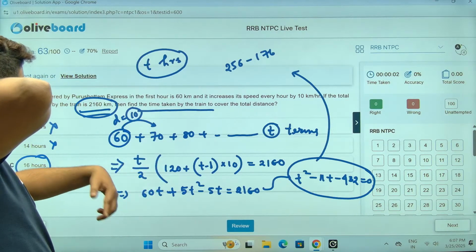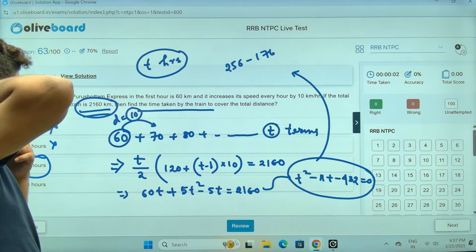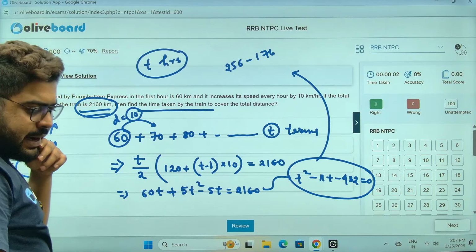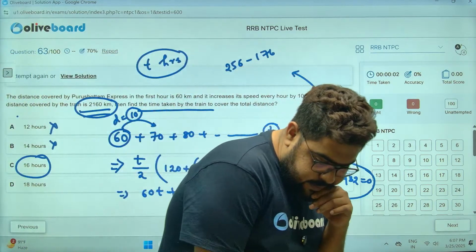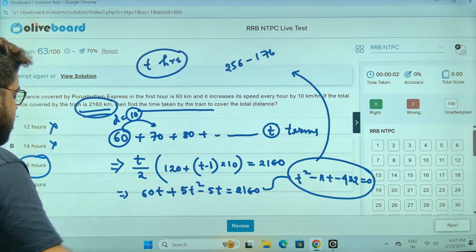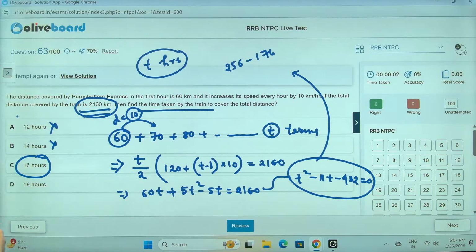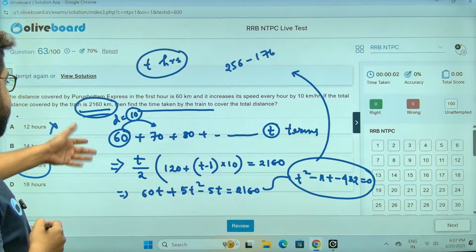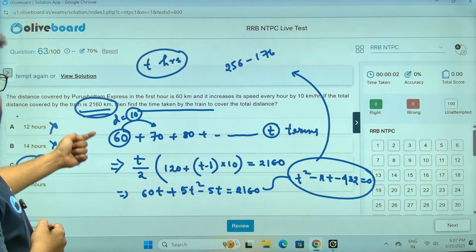T square minus 50t. 12 hours is coming from the unit digit, no wait, I must have made an error, because 12 cannot come. I must have made a very basic error somewhere.